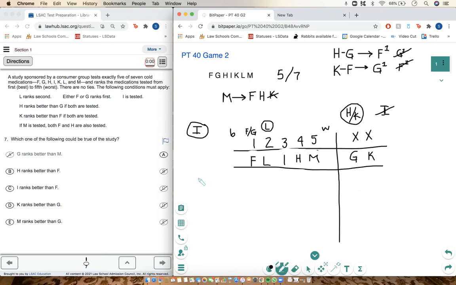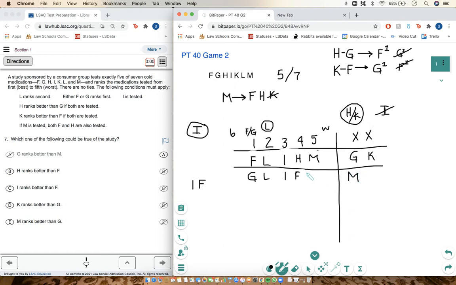Next, I ranks better than F. So if we have I ranking better than F, that means that we have G over here, and then L, and then maybe we can put I here and F here. Our next letter can't be M, because if we have M in, then H would have to be in. So M is going to be one of the things that we put out.